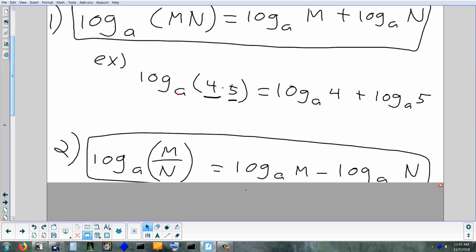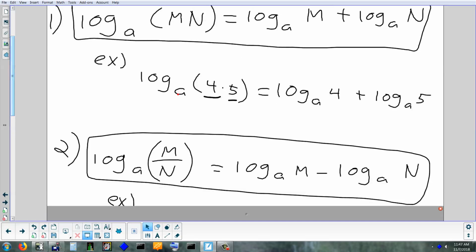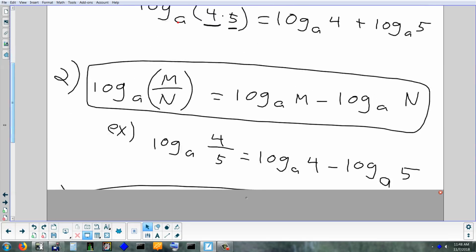So if you have division, like m divided by n, you can write that as a difference of two logs. Whatever the base on the original was, that's the base when you split it. The first argument is your numerator. The second argument is your denominator. It has to be in that order because subtraction is not commutative.